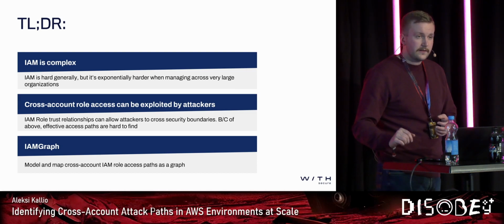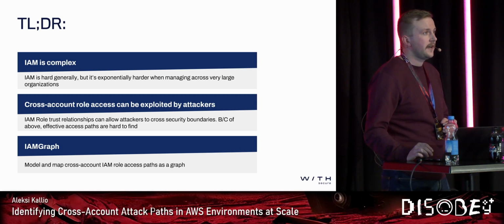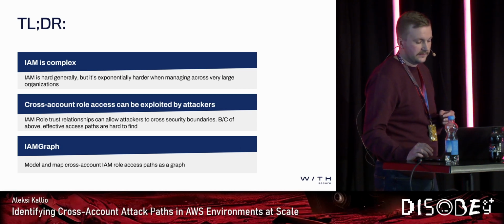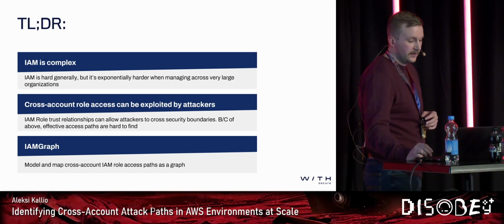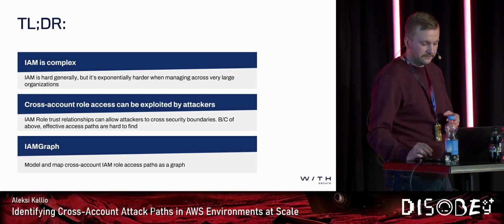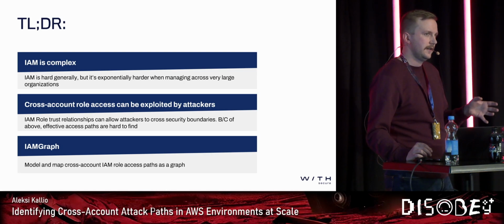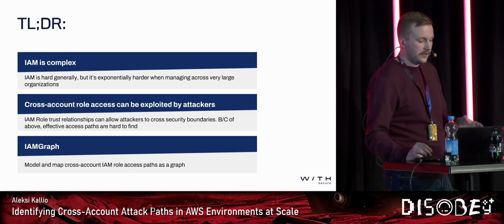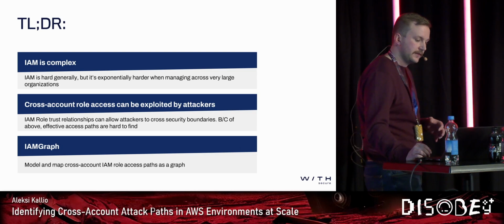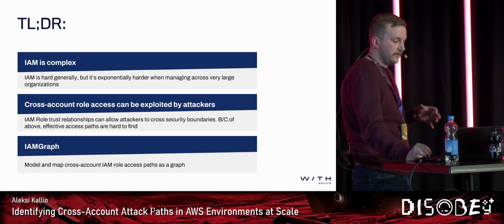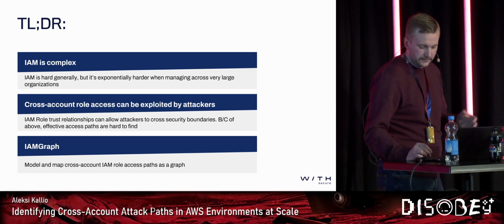Especially in larger environments, identifying and finding these potential attack paths is, however, quite difficult because IAM is complex. In this talk, I will show you IAM Graph, which is a tool that we built to model this sort of cross-account role access relationships that can help you to find these paths and remove them if they were not needed.